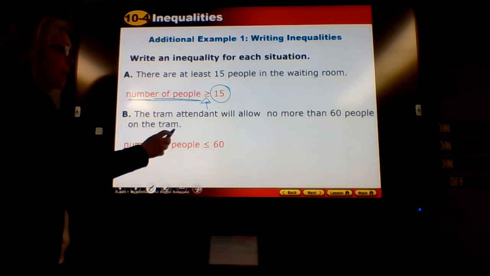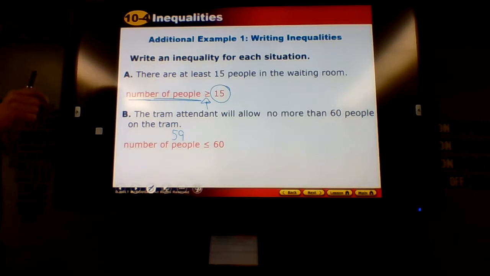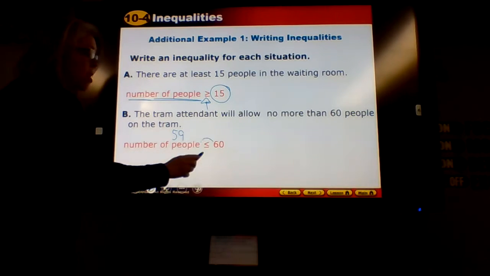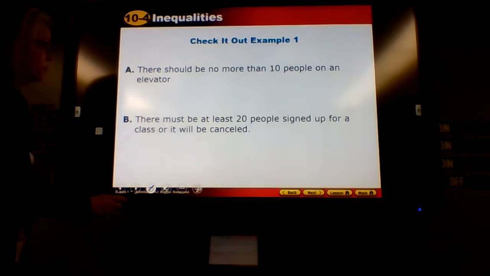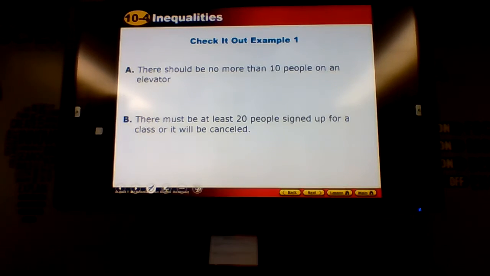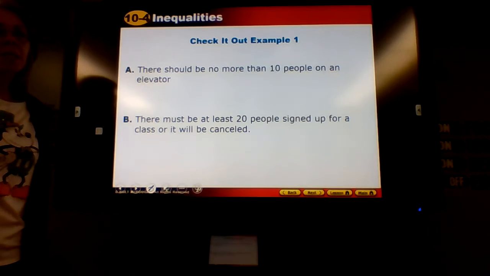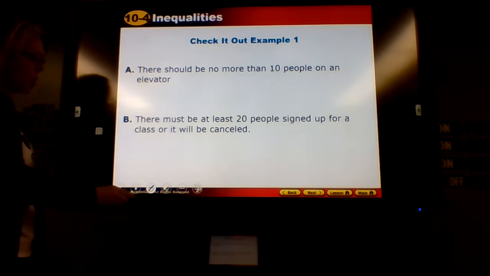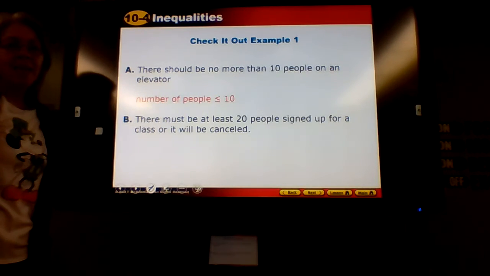So pick a number and see, is that true? Then you can double check to make sure that your inequality symbol is correct. There should be no more than 10 people on an elevator. No more than 10. Could there be 11? Nope. So the number of people has to be less than or equal to 10.